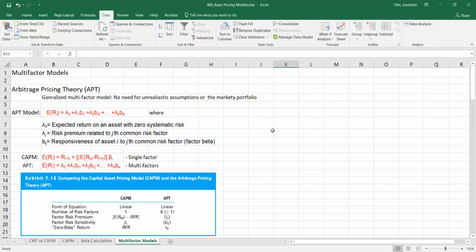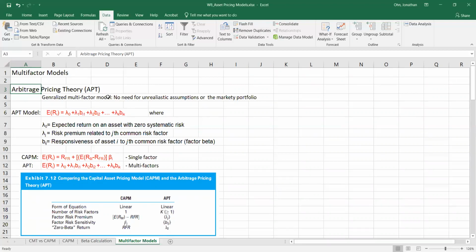Multi-factor model. Let's talk about the multi-factor model. One of the early findings is called the arbitrage pricing model. It is the generalized multi-factor model.